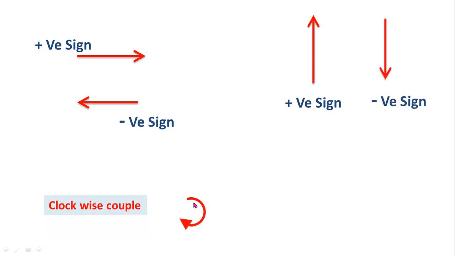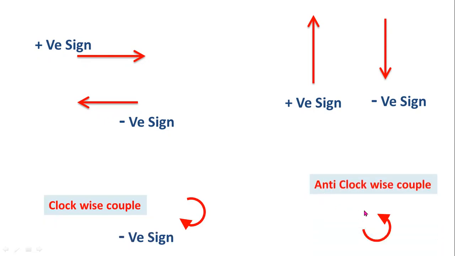This one is a clockwise couple and this one is an anti-clockwise couple. Here, no need to use these two. These four sign conventions are very important for this problem: right side direction, positive; left side direction, minus; upward direction, positive; downward direction, negative.